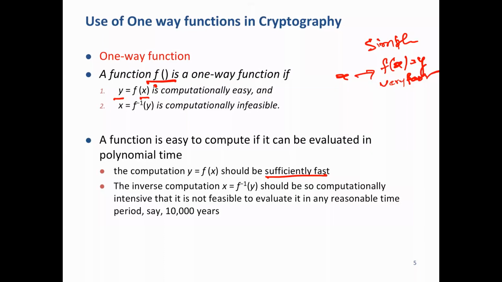But the inverse of that, given y, getting x from this, is computationally infeasible. It means that for a normal computer, a reasonable time to do this is 10,000 years.